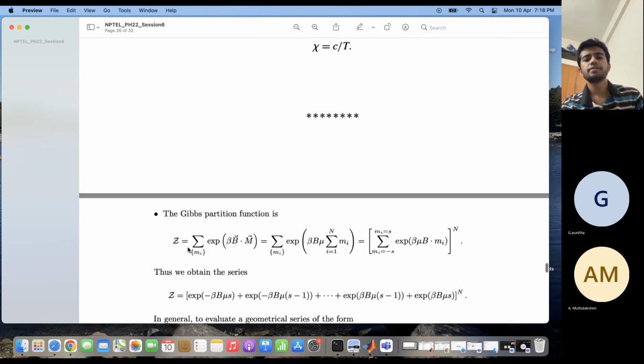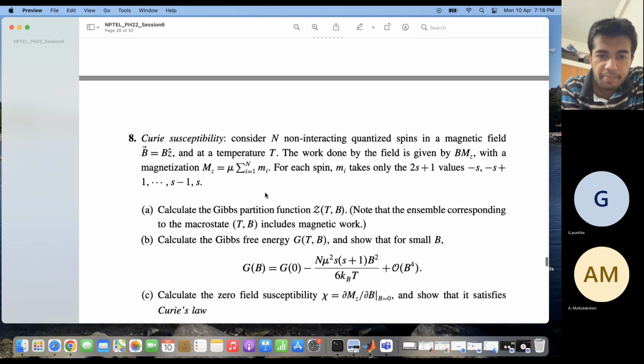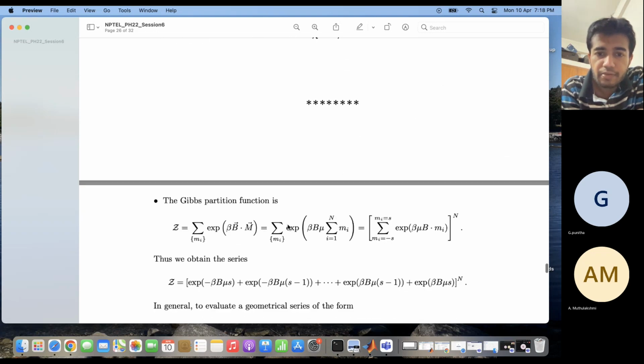Therefore, the partition function is e to the power of minus beta into the Hamiltonian, which is equal to exponential of beta B Mz. So what is Mz? Mz is given by this expression. Therefore, it is equal to the summation over all microstates of exponential of beta B mu summation i equal to 1 to N of mi.